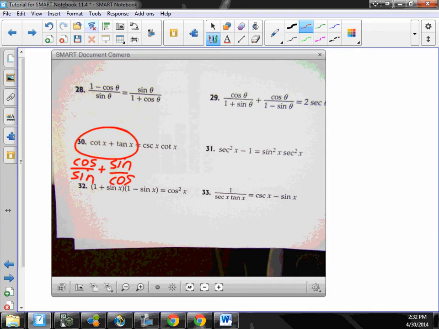Now what? Well, you can only cross multiply if there's an equal sign between them. If there's a plus, we need common denominators. So I'm going to put an extra cosine up here and an extra sine up here. So I have cosine squared plus sine squared over sine cosine.